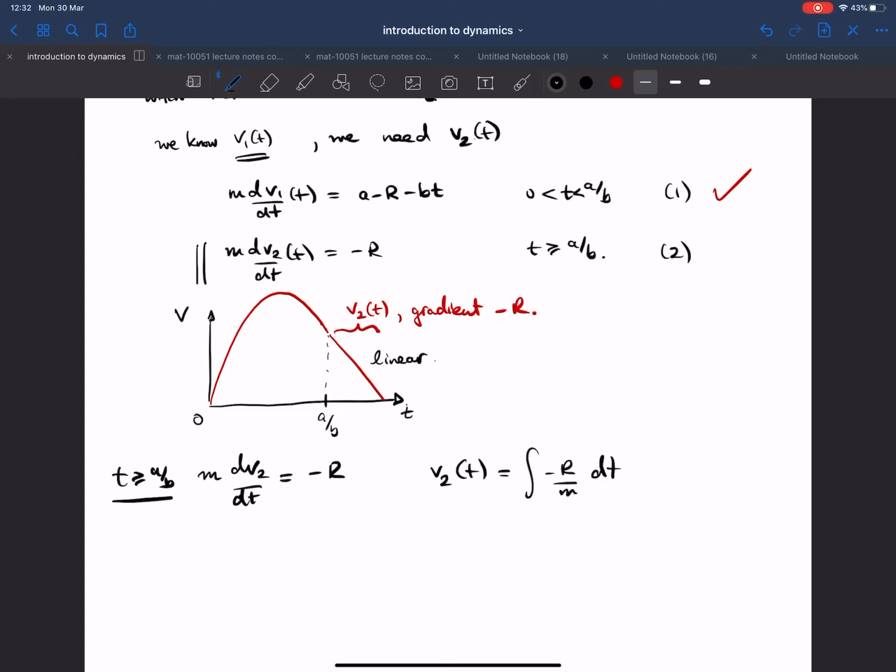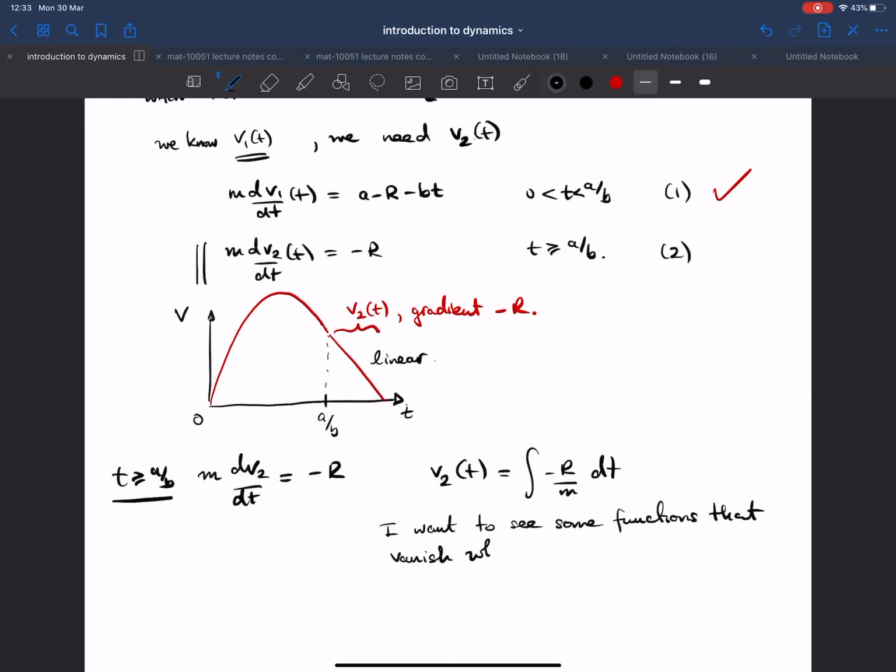Now you might be saying, why haven't you just integrated? Well, there's a reason for this. I want to see some functions that just vanish when t equals a over b. This is just for ease of calculation; you can do it the long hard way.